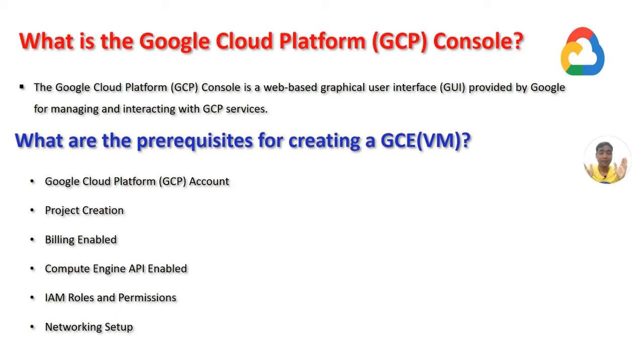So a valid billing account must be associated with your project, and make sure you have the necessary IAM roles and permissions to create and manage GCE instances. IAM allows you to control access to resources within your project. I'll explain more details about IAM, identity and access management, in an upcoming lecture session.